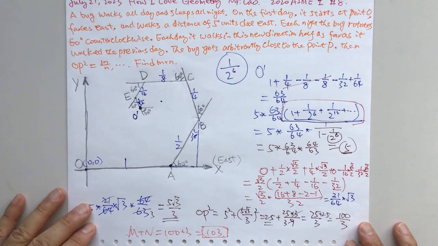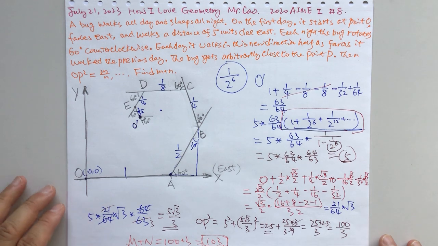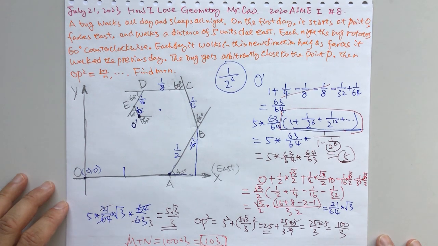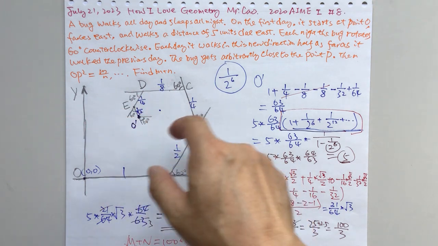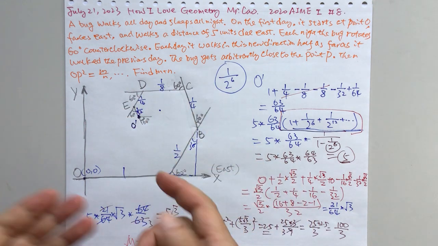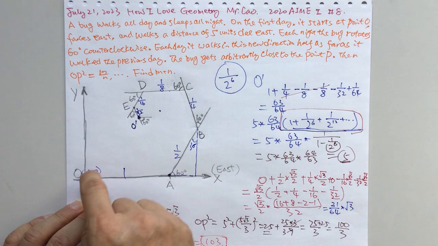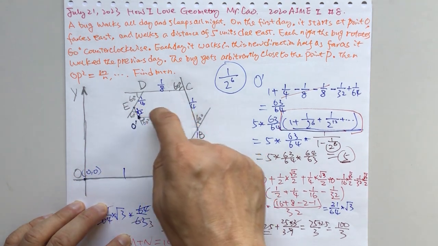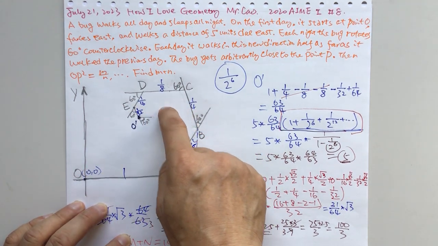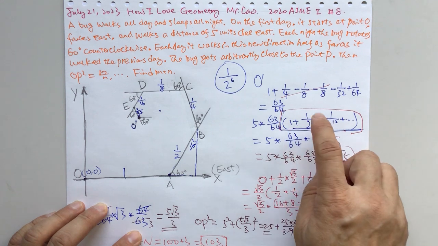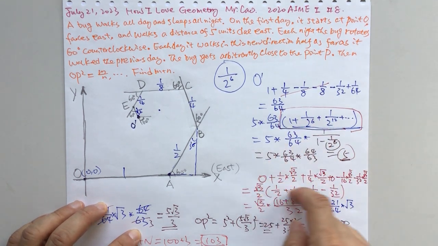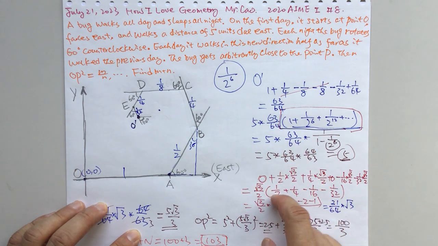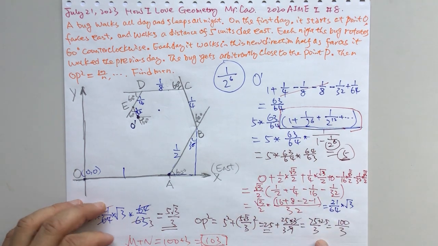For these infinite problems, we should find the pattern. With 60 degrees, after 6 times it goes back to the same direction as at the beginning, then repeats the whole process. We get the common ratio, and we know it will converge. Then we find the final answer.